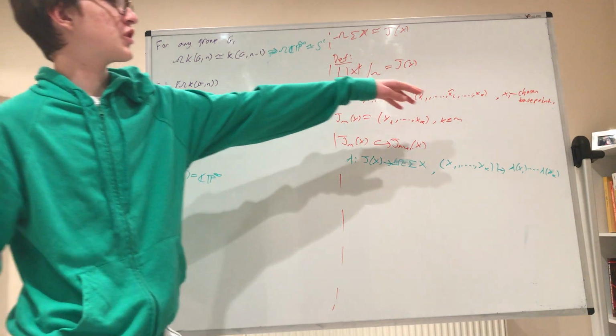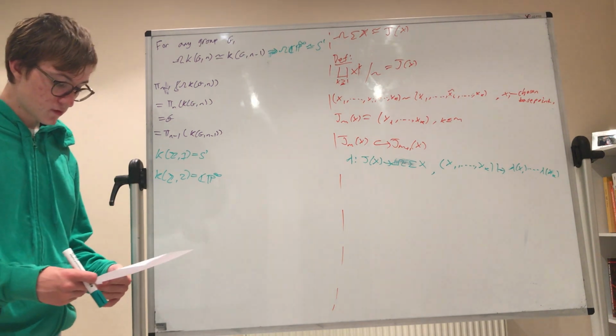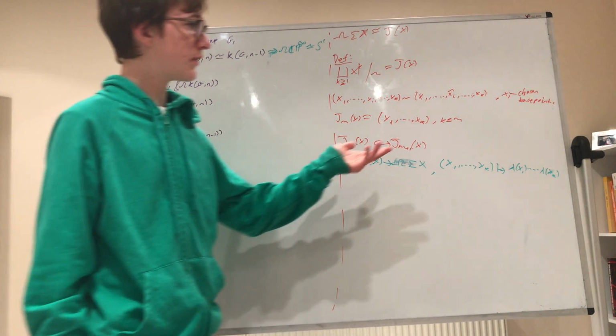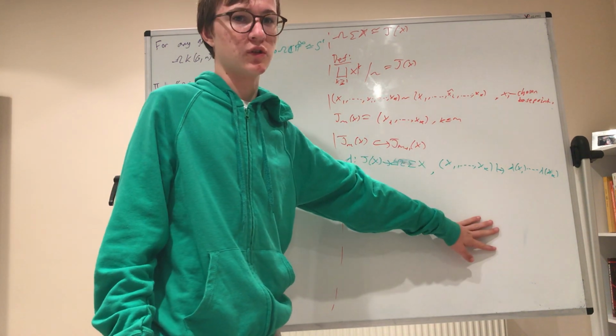But remember that we're quotienting out by this equivalence relation. So we need for this base point to kind of disappear when we do the product of loops.